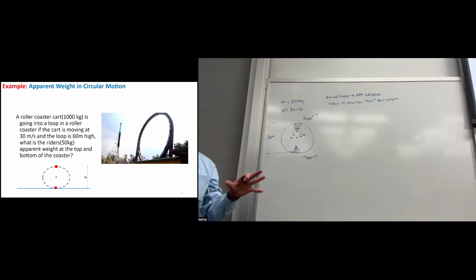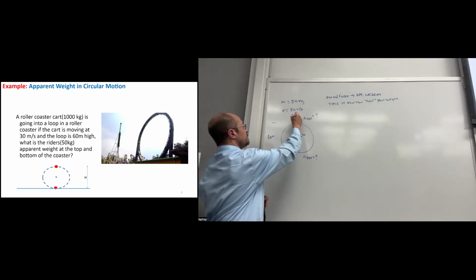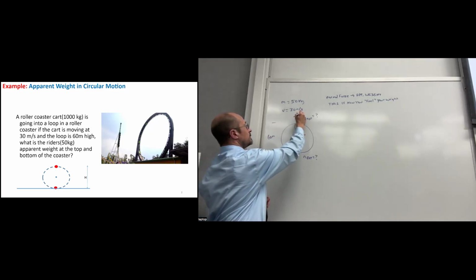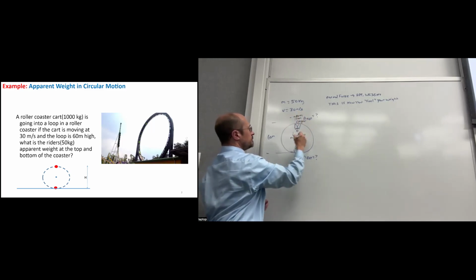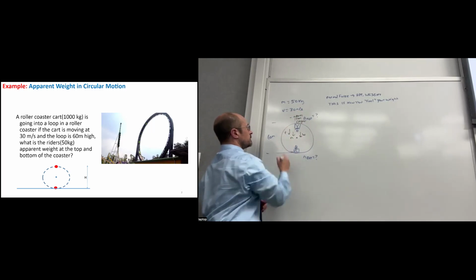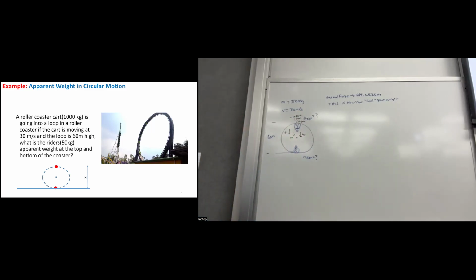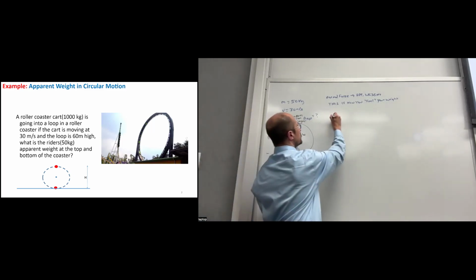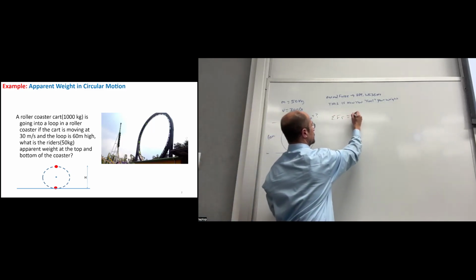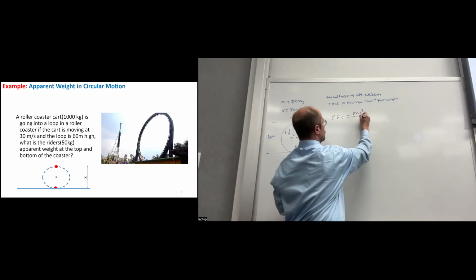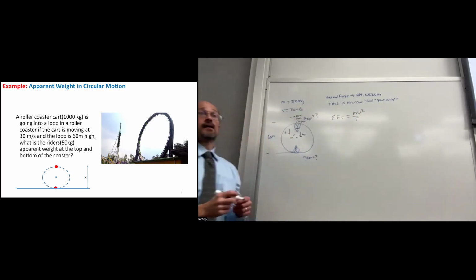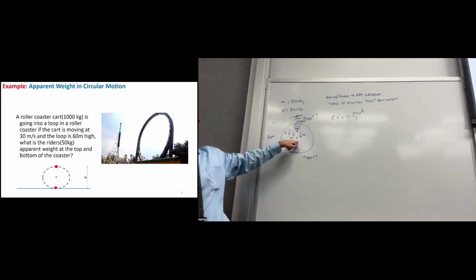As a side note reminder, anything that points away from the center is negative, and if it's towards the center, it's positive. So now we can sum our forces in the radial direction, and we have mv squared over r, because all of our forces point towards the center of curvature.